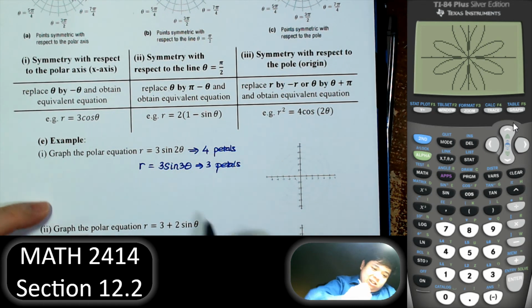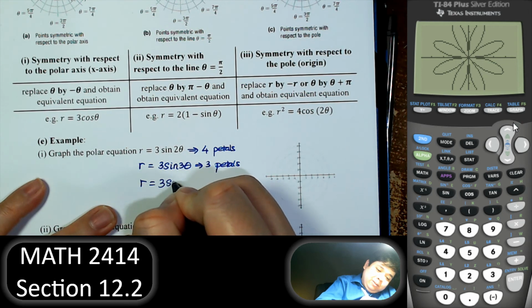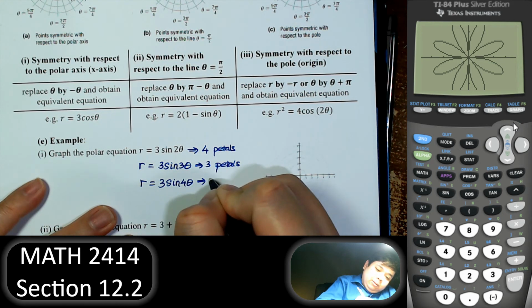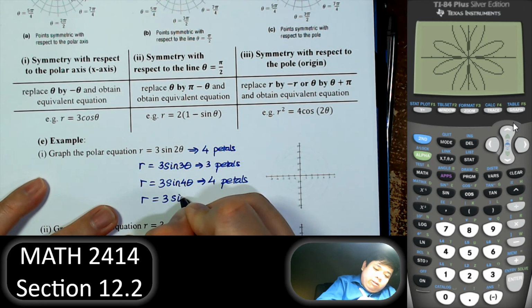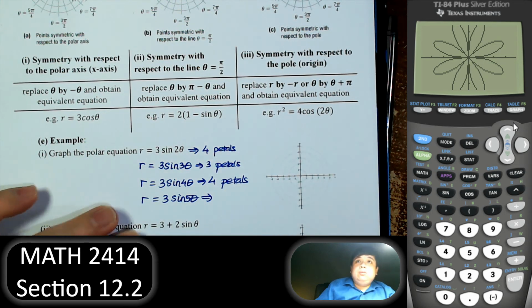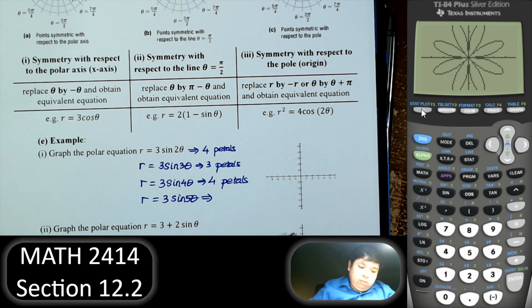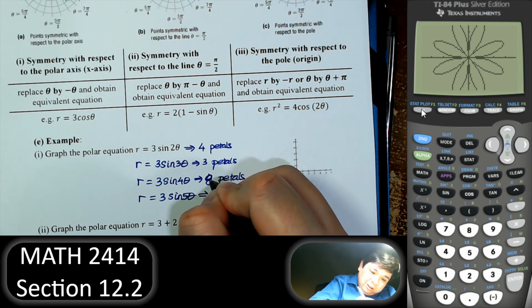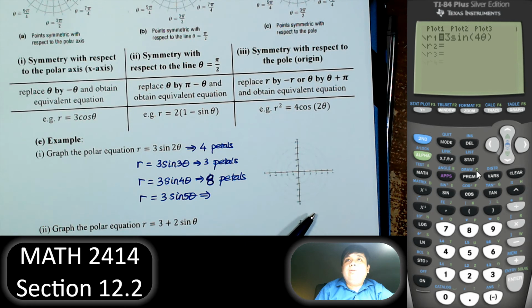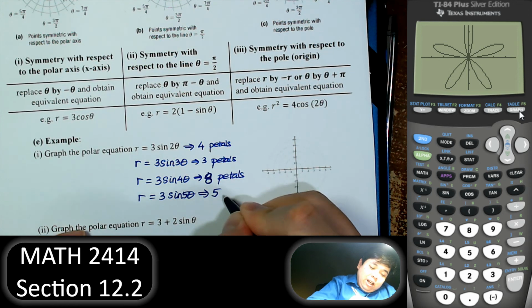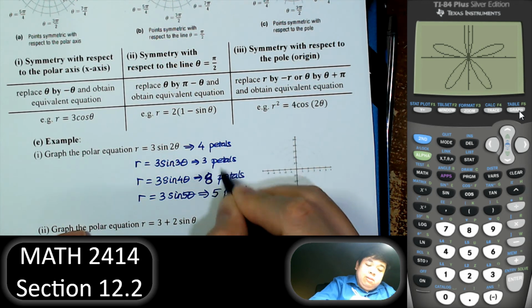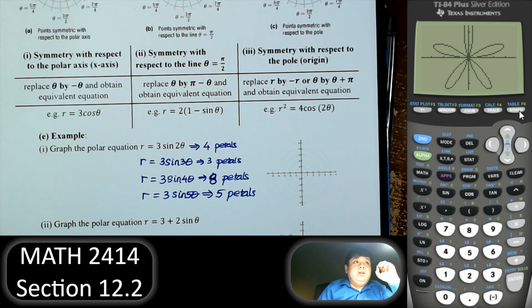So it's 8. How about 5? So how many do we have there? 5. So if we have an odd number, it will be the same as the number of petals. If we have an even number, it will be double that.